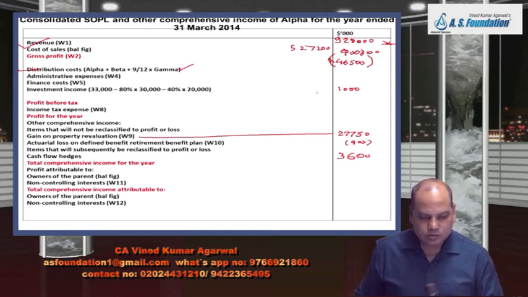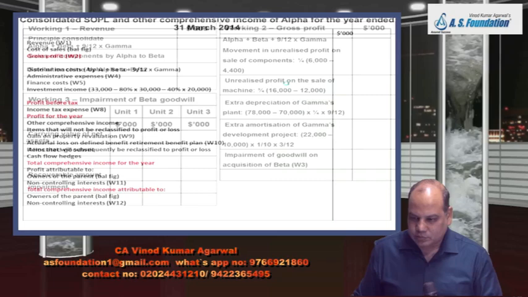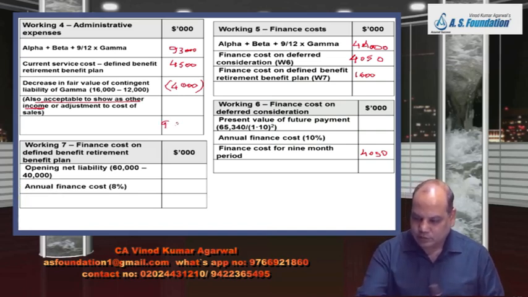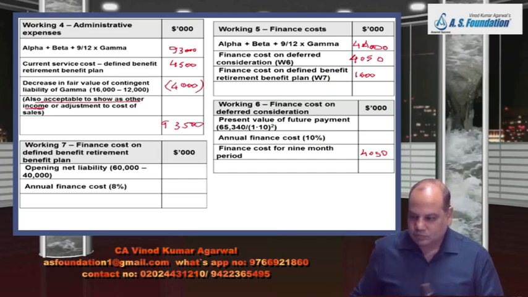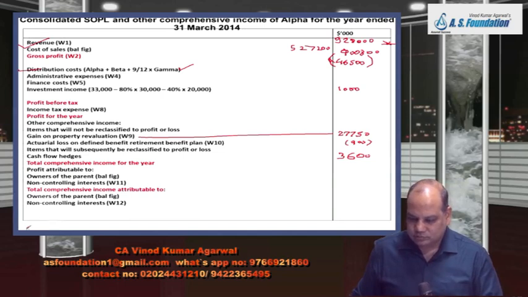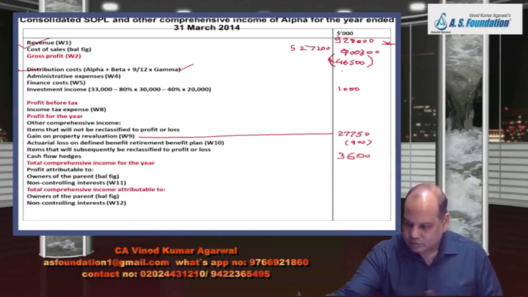Now can you just go to working note 4 and give me the administration cost figure total? Let me check. This is a negative figure. 93,500. Right, administration expense 93,500. One is income, so that will be reduced.